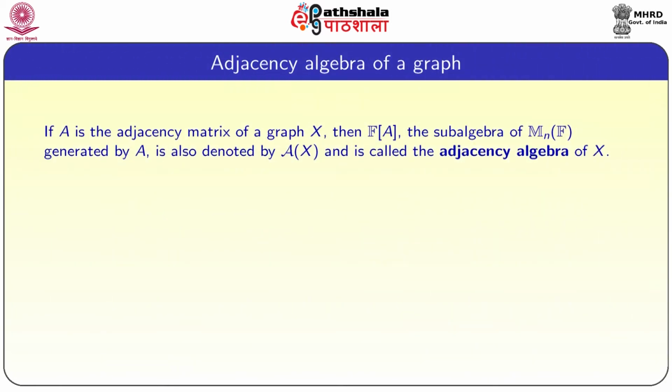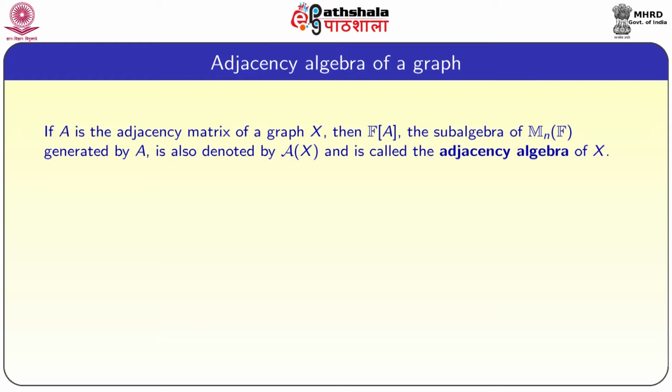If A is the adjacency matrix of a graph X, then we denote F[A], in general C[A], where C is the complex numbers, or you can take any field in fact, but generally we will confine ourselves to complex numbers. F[A] is the subalgebra of Mn(F) generated by A. That is, F[A] is the set of all polynomials in A with coefficients from F. As we already pointed out, we will take coefficients from complex numbers.